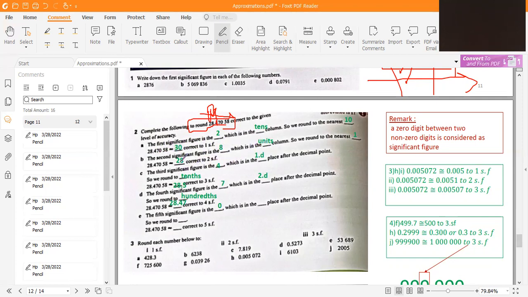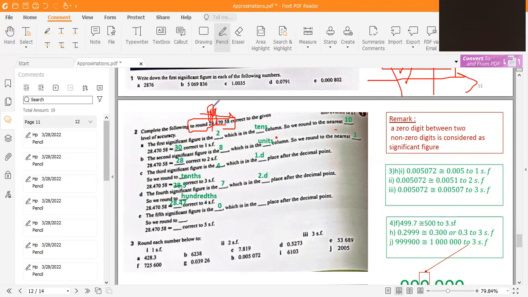The second significant figure is 8, first one, second one. Which is in the units column. So we round it to the nearest unit.